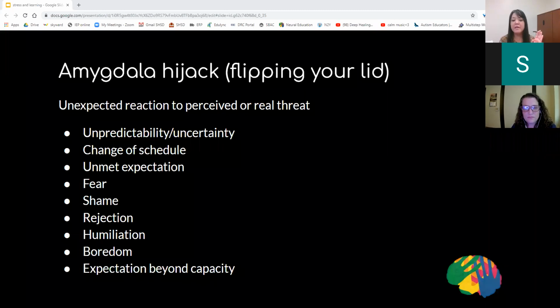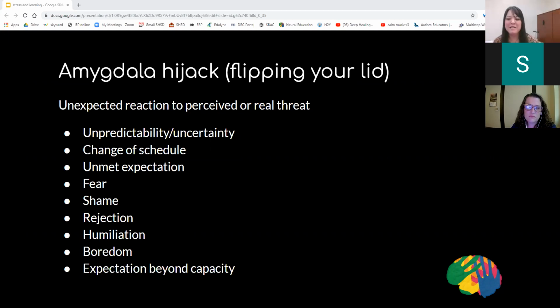Or perhaps they were expecting to have dinner, or that we were going to go to the movies and then we couldn't. Maybe a change in mealtime or bedtime might cause amygdala hijack. So oftentimes we talk about this as big, unexpected responses to things that, wow, should that really have caused that big of a response?